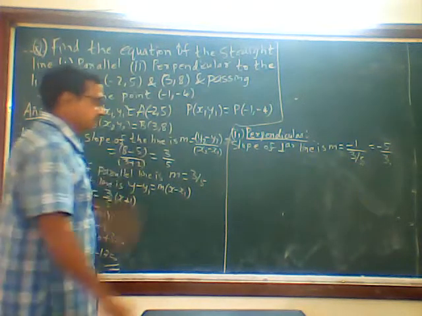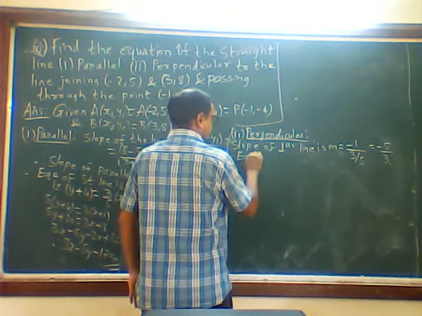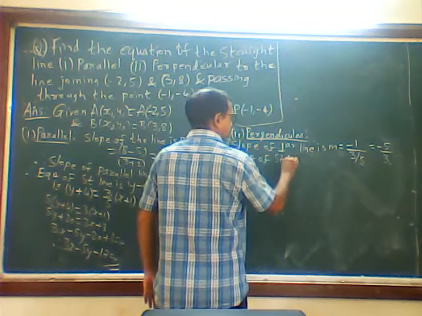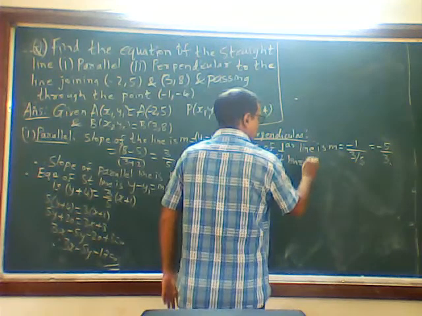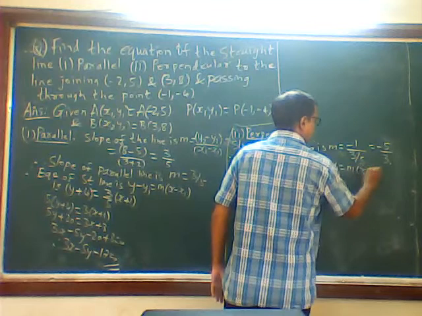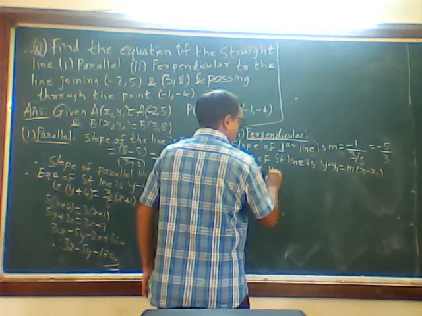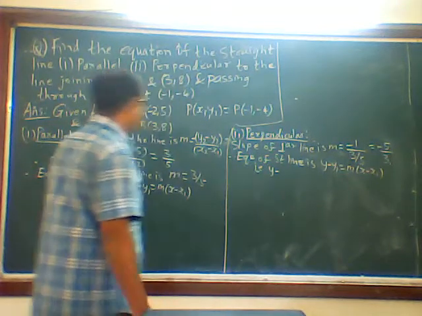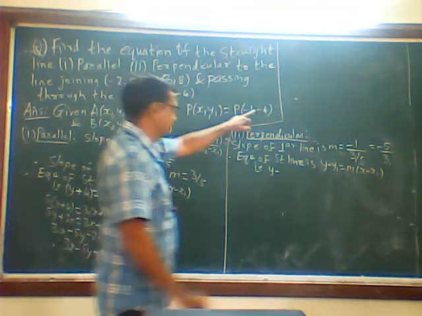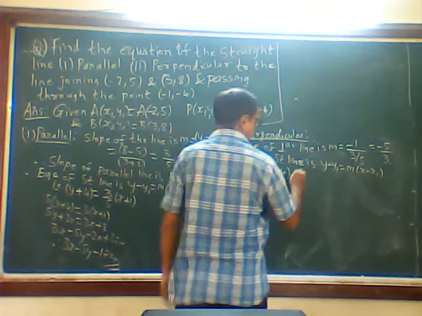So the equation of the straight line is y minus y1 is equal to m into x minus x1. What is y1? This one: y minus of minus 4, that is y plus 4. Don't take that one, again I'm telling you.